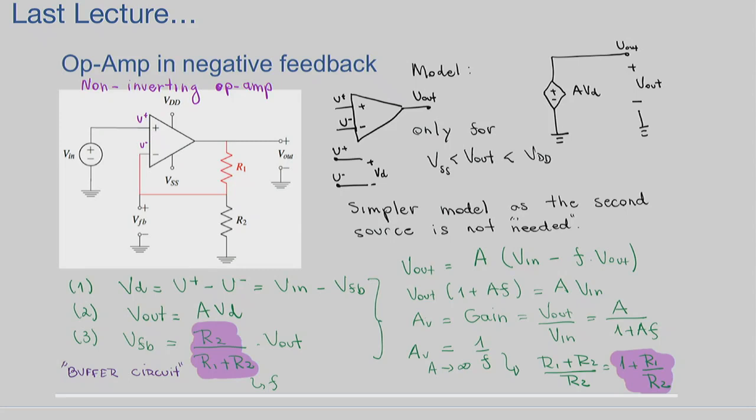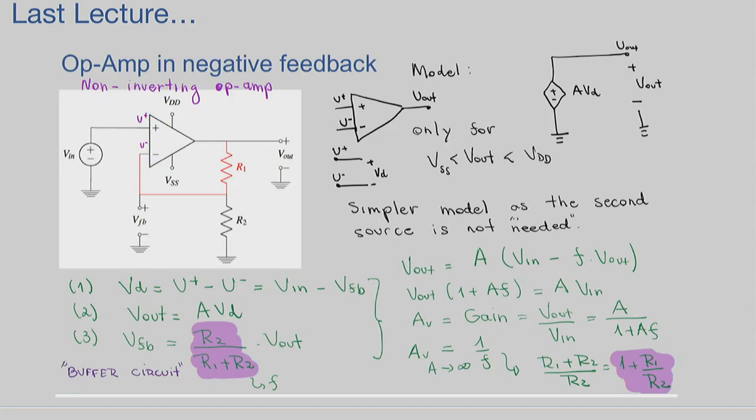So I'll pick up from where I stopped, which was here. We used KVL mostly to get to these equations relating the voltage differential. We defined the voltage differential as the difference between the potentials U plus and U minus.